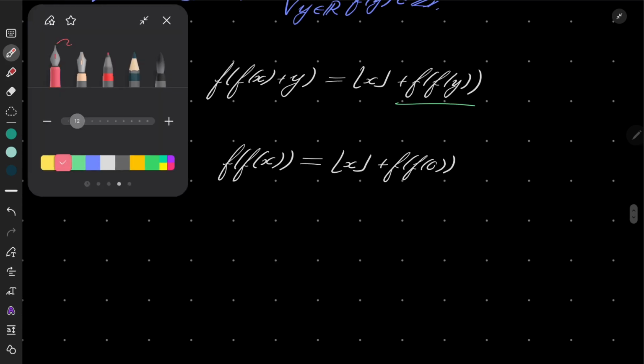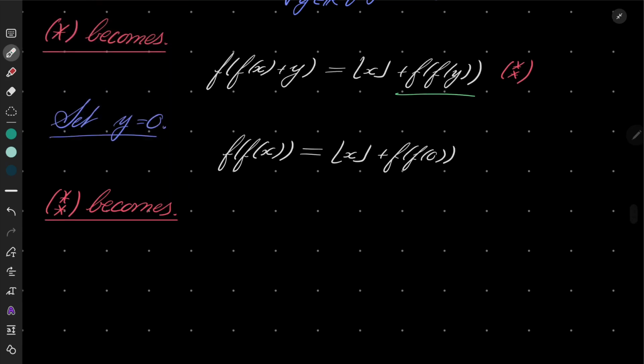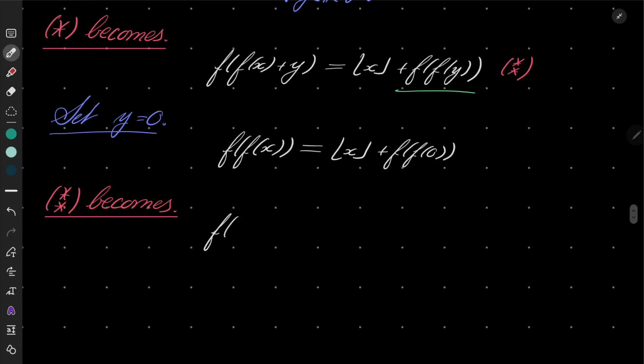So I will mark this condition double asterisk, and now double asterisk becomes the following. f of x plus y equals floor of x plus floor of y plus f of 0.